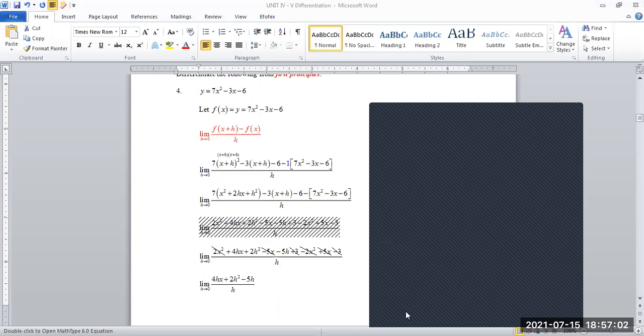So now I'm going to get 7x squared plus 14x plus 7x minus 3x minus 3h minus 6 minus 7x plus 3x plus 6.